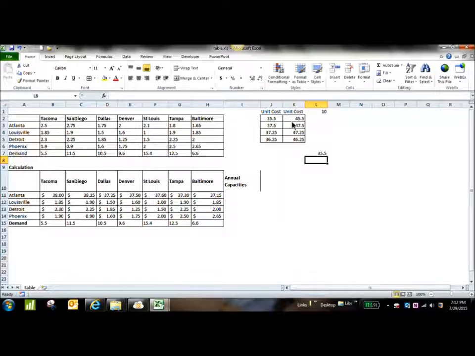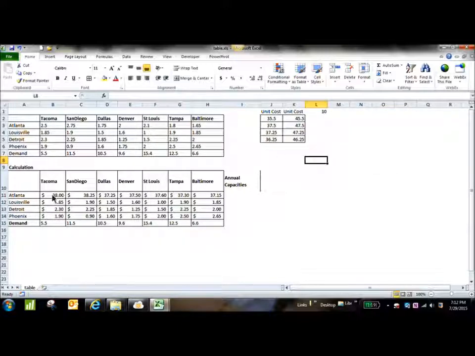Let me see if that's how it works. See that? This is what we're trying to do here. I don't want to confuse you, but if you want, this is a way you could use the CHOOSE formula.